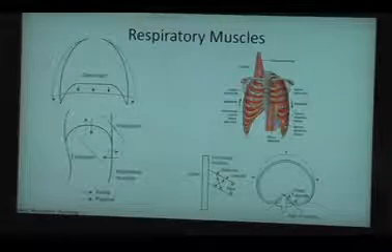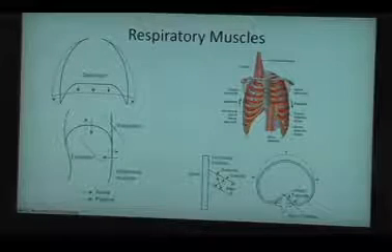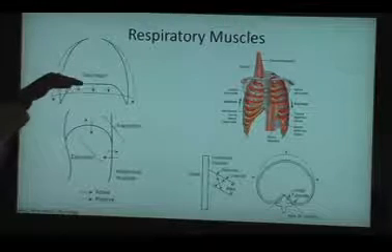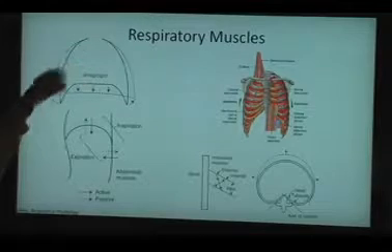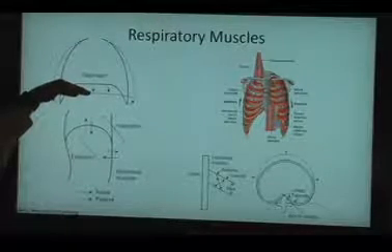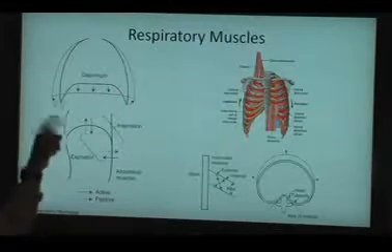This illustrates some of the actions of primarily the diaphragm. So it illustrates that the diaphragm contracts downward. That produces the negative pressure that draws breath into the lungs. The downward expansion of the diaphragm also pushes out on the lateral rib motion.